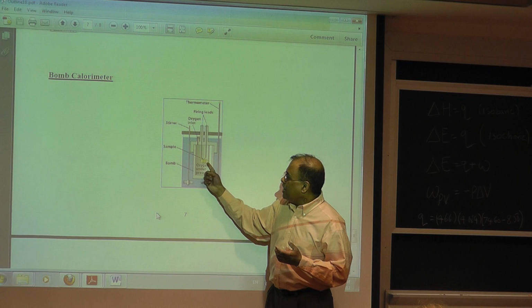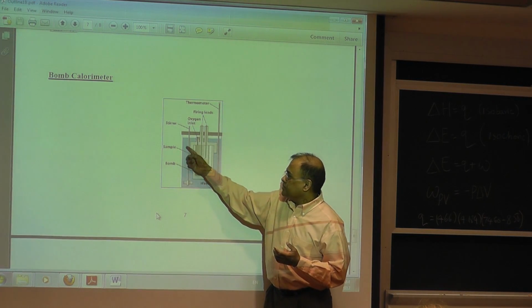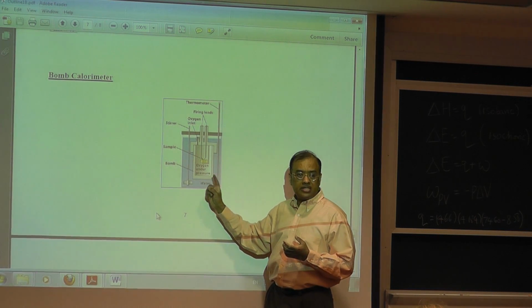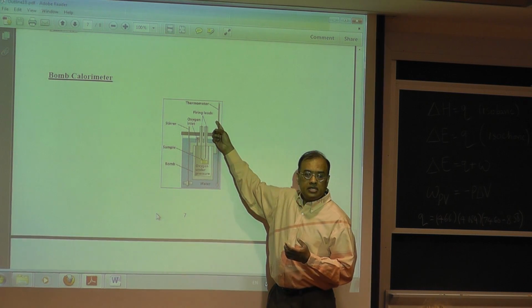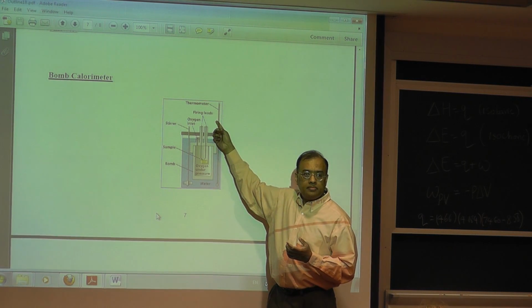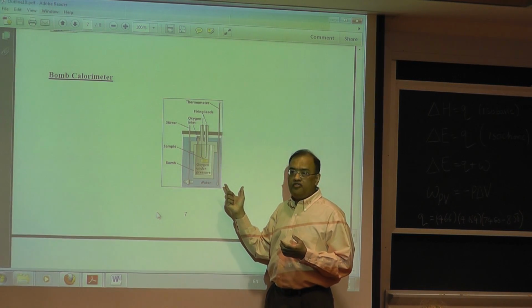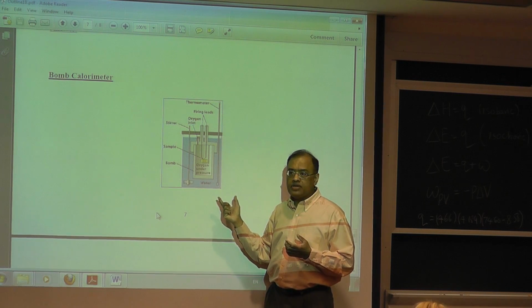The heat given out goes into heating up the water that surrounds the bomb calorimeter. We have a stirrer to ensure that the water temperature is uniform, and we measure the temperature rise with a thermometer. This is one of the most precise ways of measuring heat given out in a chemical reaction.